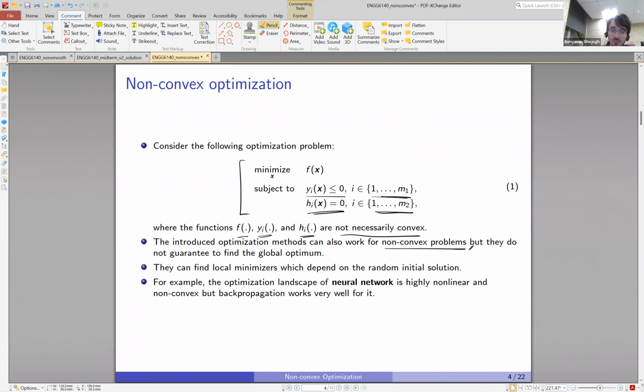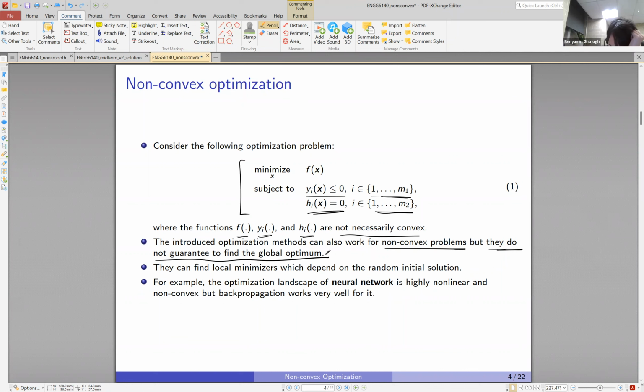If you apply the convex optimization methods, which we introduced so far, on non-convex problems, they might find good results, but they do not guarantee to find a global optimum. They will find a local optimum, and that local optimum might be local or global.